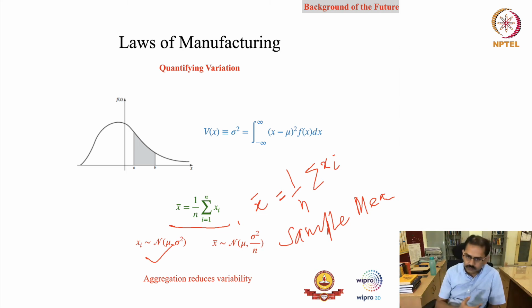Now you keep on sampling and you will keep on getting different x bars, right? So x bar itself would have a distribution, right? Now, if the x_i, the points, have been sampled from a normal distribution, the distribution of x bar, in fact, I'm pretty sure you might have heard about this, the distribution of sample mean would also be normal, right?